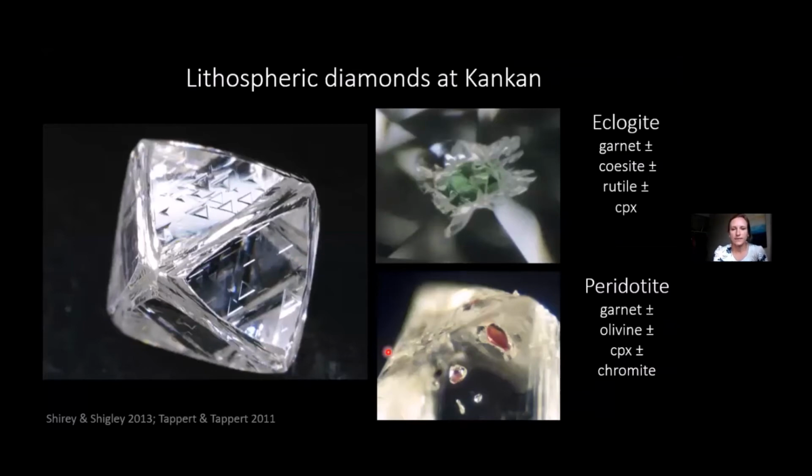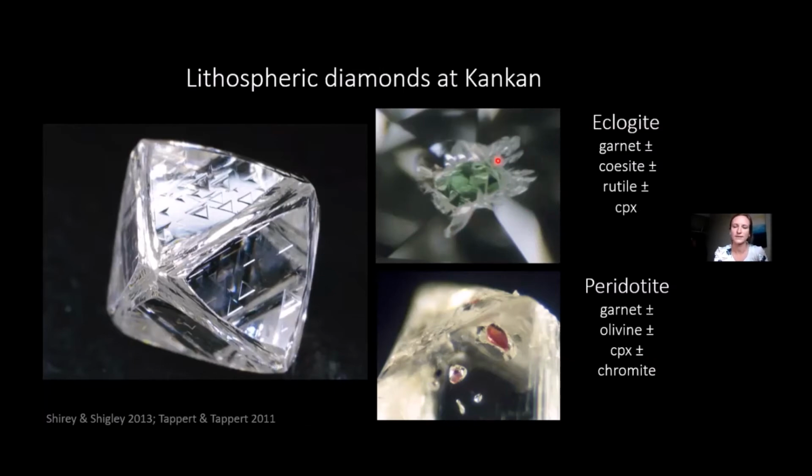So when we look at the diamonds that we recovered from the Kankan deposit, what we see is that the majority of them are lithospheric in origin, and these are fairly typical. The lithospheric diamonds in Kankan are fairly typical of diamonds that you find from worldwide suites, where you have these almost perfect diamond shapes, diamond octahedrons, which is very typical of lithospheric diamonds, as well as some mineral inclusions from these eclogitic and peridotitic parageneses.